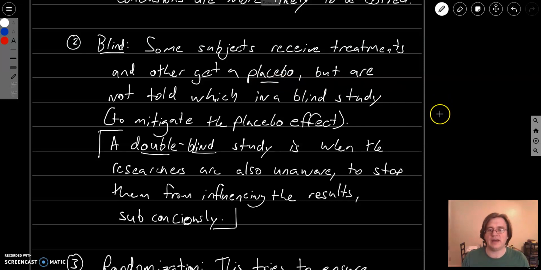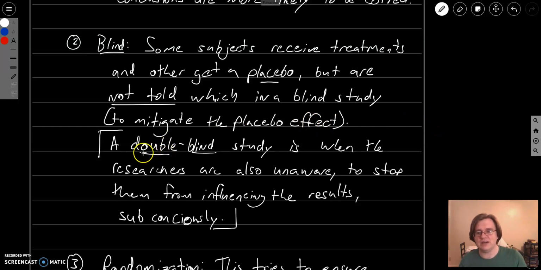Or you inform them that some people will be receiving treatments and some people will be receiving placebos. But the point is, you don't tell people which one they get. This is what's blind in a blind study. The subject isn't aware of whether or not they're receiving treatments or placebos, to try to mitigate any effects of positive beliefs in their medicine.